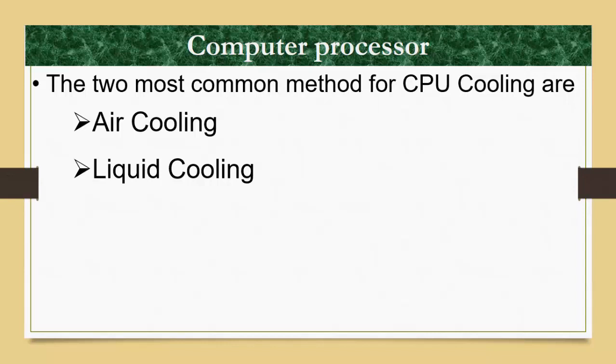Liquid cooling uses a special water block to conduct heat away from the processor as well as from the chipset. Water is circulated through this block to a radiator through the pump, where it's cooled. The radiator is provided with a fan attached to it.